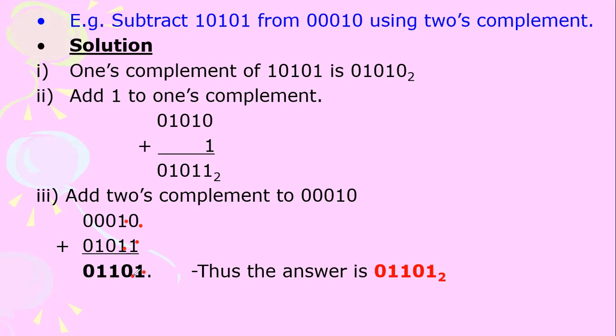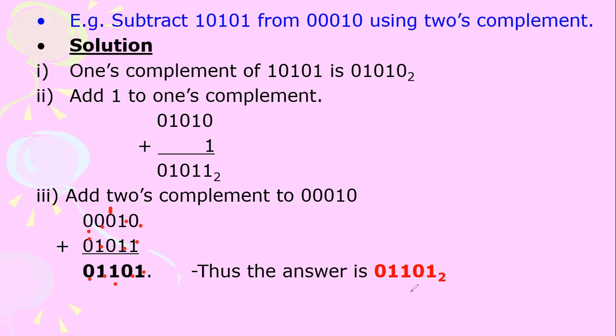So we write down the 0, we carry 1. 1 plus 0 is 1. We write down 1. 0 plus 1 is 1. We write down 1. 0 plus 0 is 0. We write down 0.